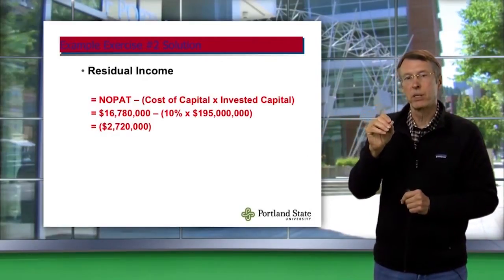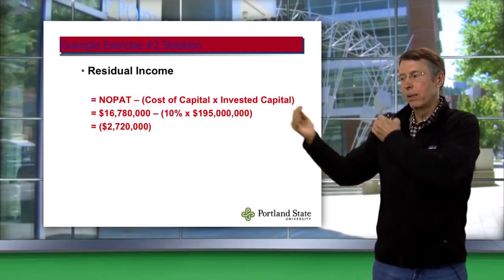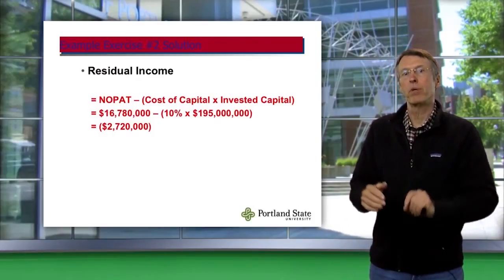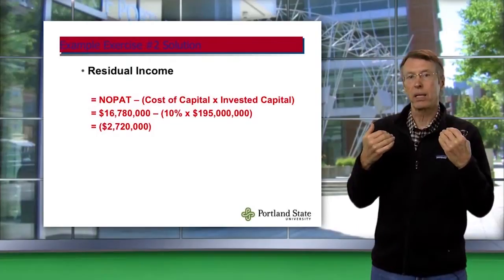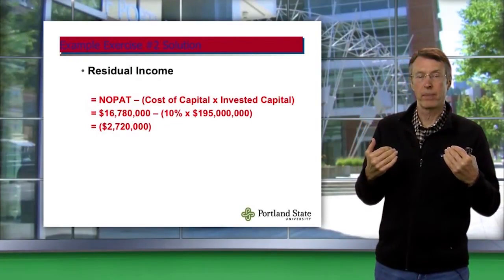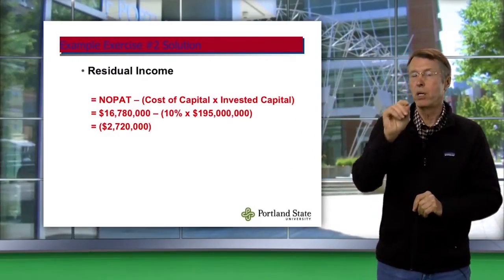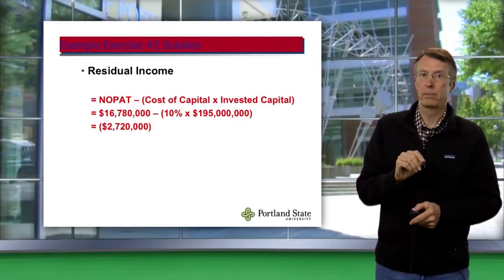What that means is our NOPAT is less than the cost of the assets that we have in place to produce that NOPAT. This is a company that is actually not adding economic value. They can't cover the cost of their capital base. So residual income is an important concept to keep in mind.